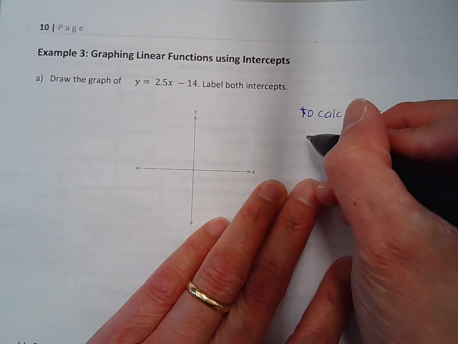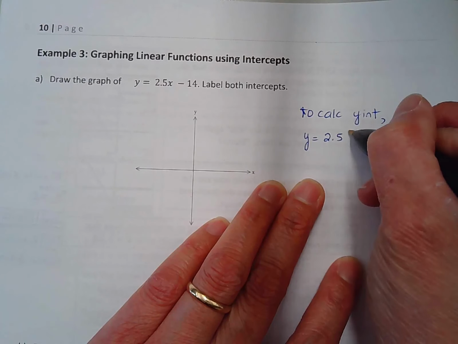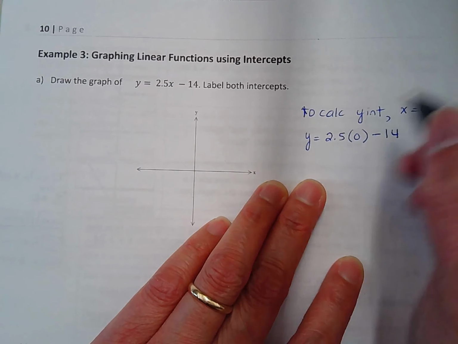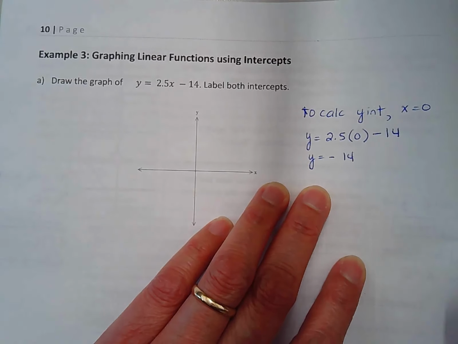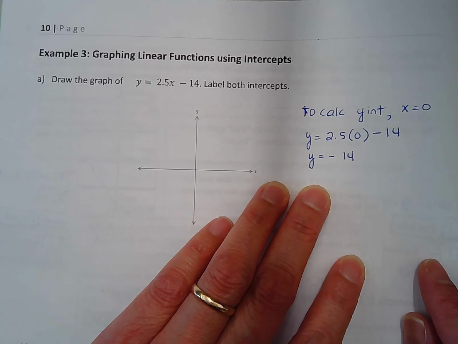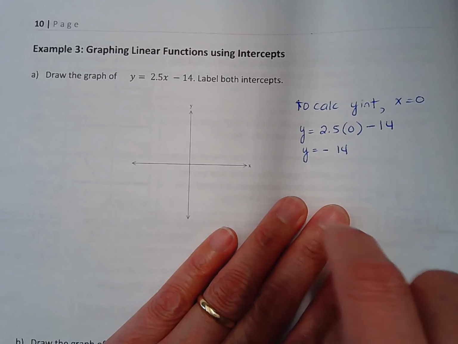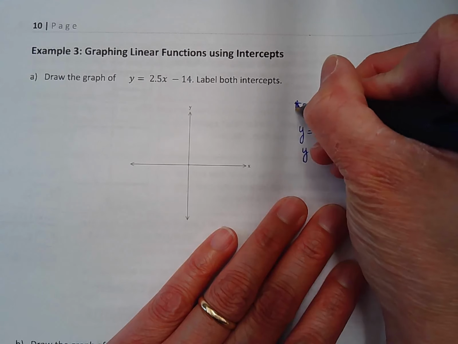And that one's easy, right? y equals 2.5 times 0 minus 14. So y equals negative 14. Oh, you guys like the challenge. I was ready to punch this in onto the calculator. That's good. That is amazing.